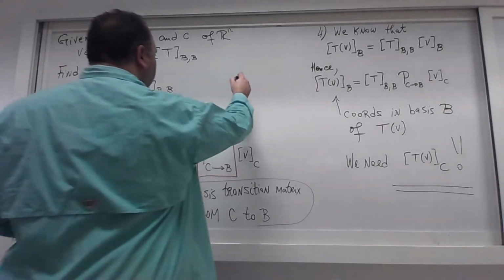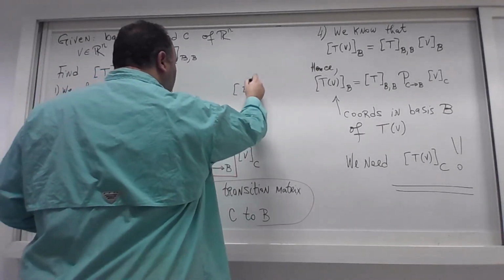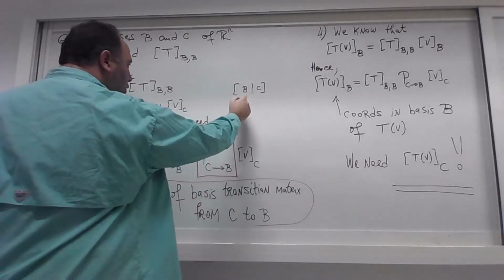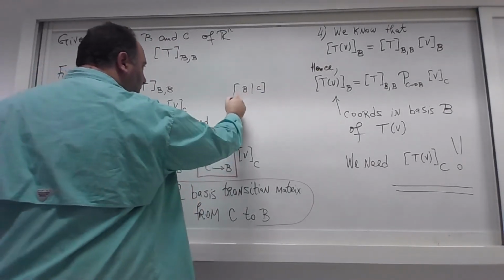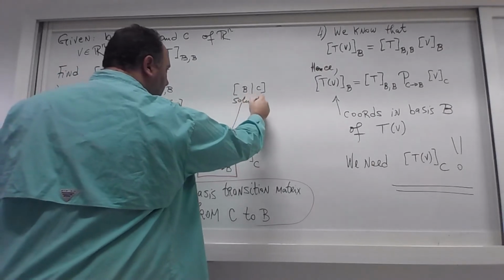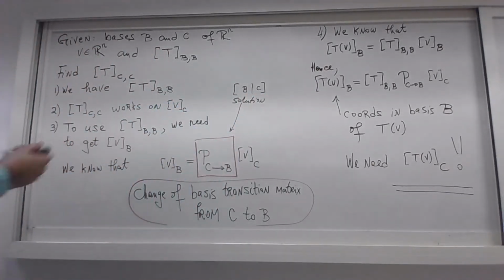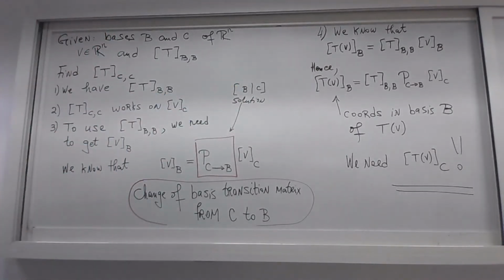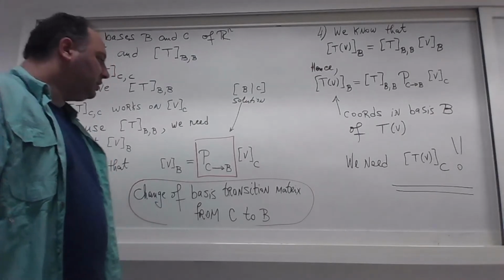So we need to solve a system like this by Gauss-Jordan, and then the solution is given here. So that's how we build the transition matrix. We put the bases there and then do the work, and we get our change of basis transition matrix.